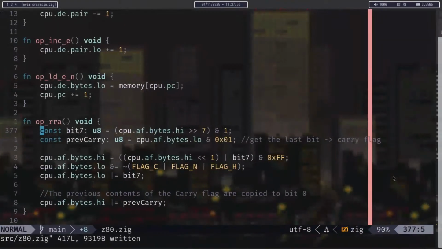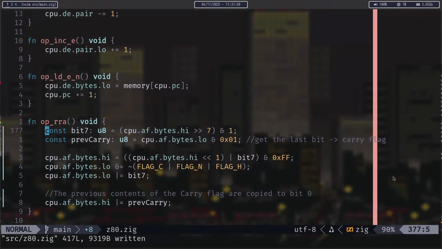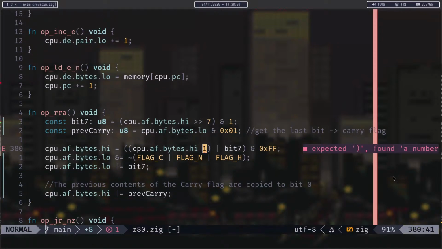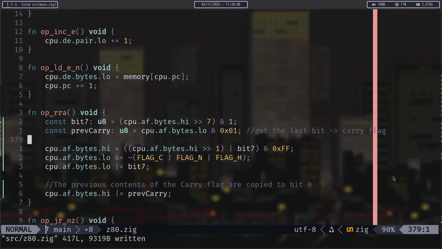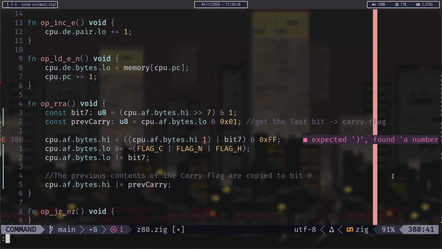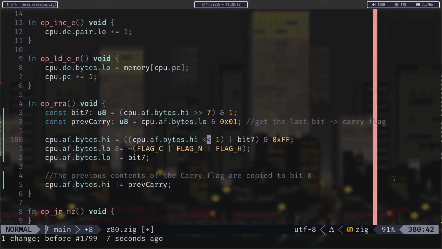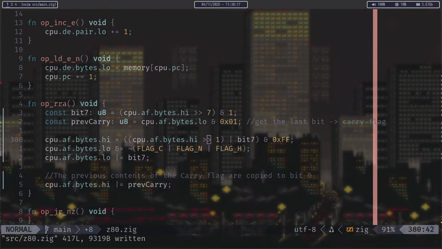Makes sense. All right. So the only thing I have to change is this.